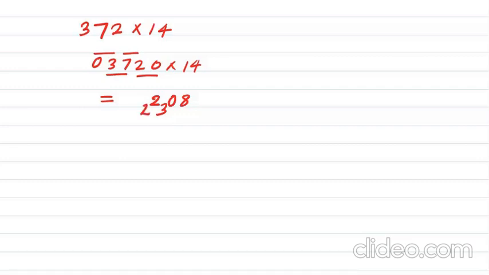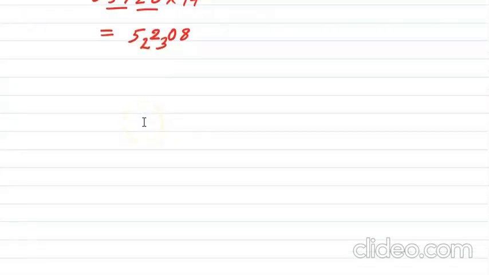Now 0 into 4 is 0, 0 plus 3 is 3, and 3 plus 2 is equal to 5. So the answer is 5208. Okay, I hope you are getting it. Moving forward now, we can extend this idea to any such number like 15, 16, 17, 18 or 19.